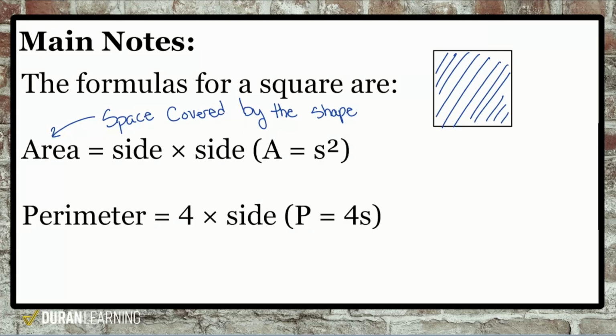That means that this side down here is the same as this side over here, the same as this side over here, and the same as this side right there. So all 4 sides are the same. And so if we're talking perimeter and we're just, quote, adding up all the sides, well, think about it like this. If we're adding up the same thing 4 times, well, that's 4 times the side.